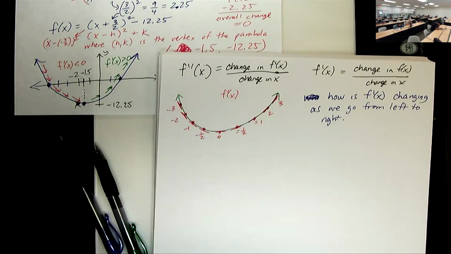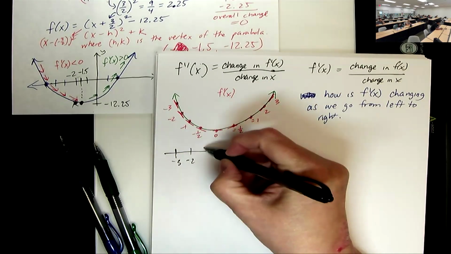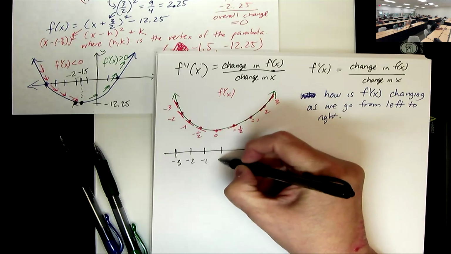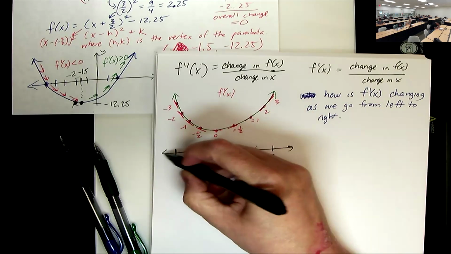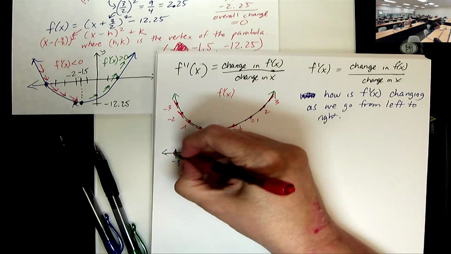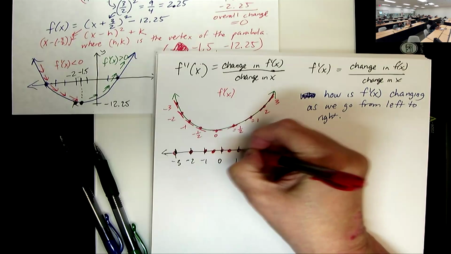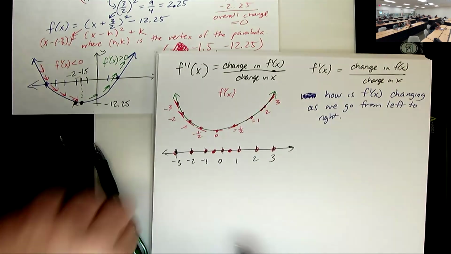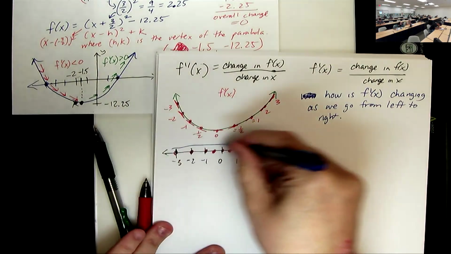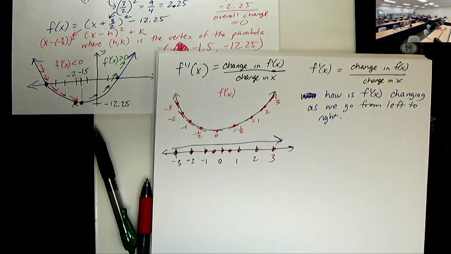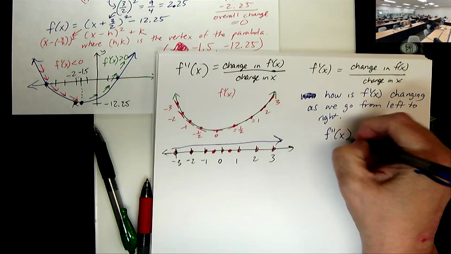If I wrote that on a number line and put my points there, it looks like as we're going from left to right, it's increasing the whole way. So here, f double prime of x is greater than 0.